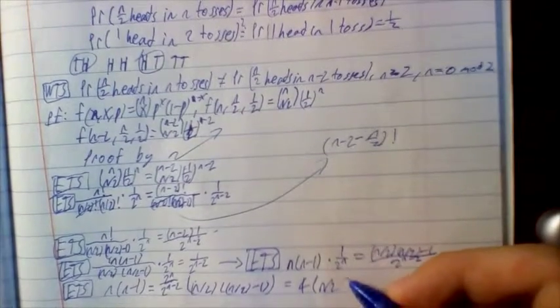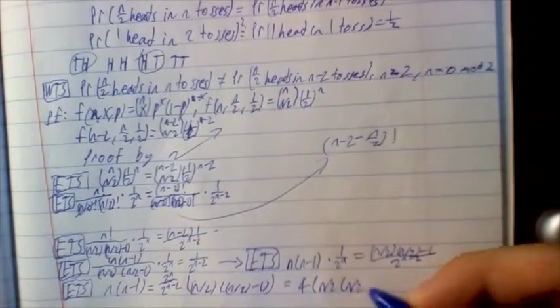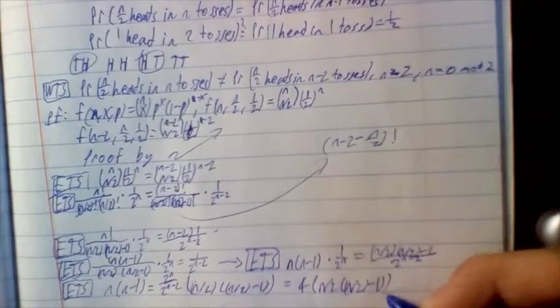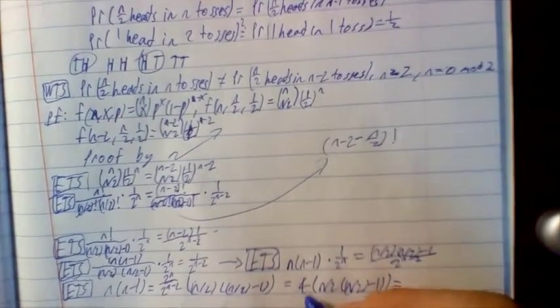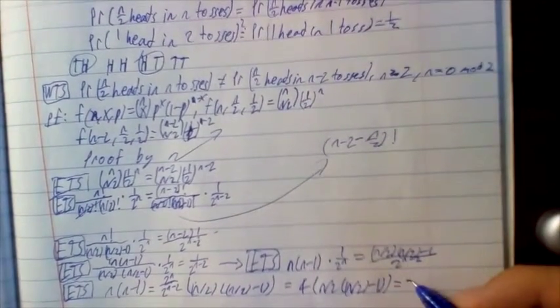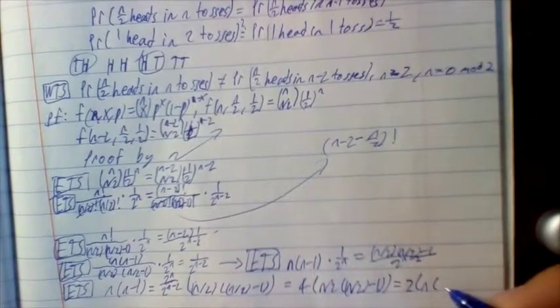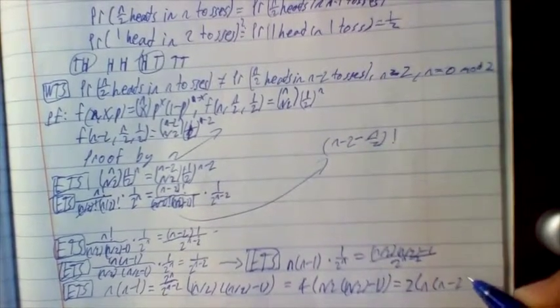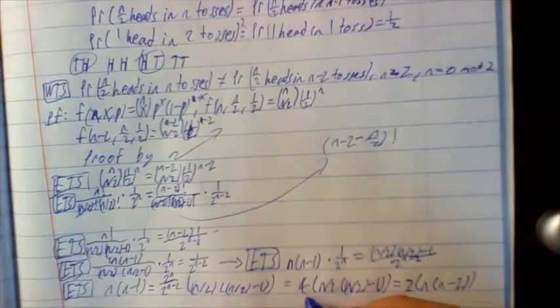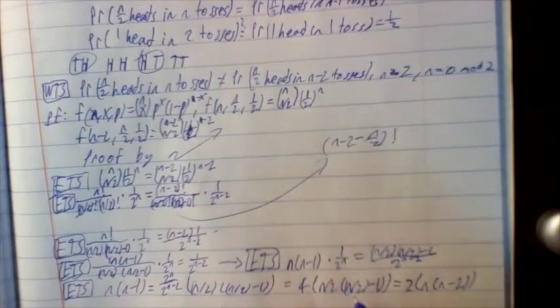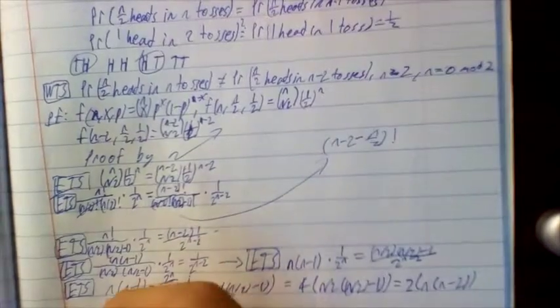times n on 2 minus 1. Or, inserting that into here, that's equal to 2 outside of n times n minus 2. All we did is split the 4 into 2 times 2 and then insert one of the 2's inside there.